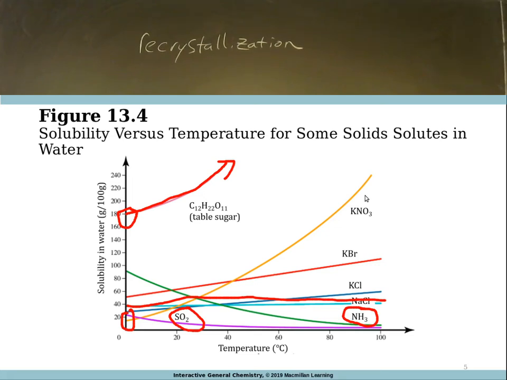And when you cool it down, the solubility of everything is going to drop, but you've chosen your solvent carefully so that all of your impurities will still remain in solution. Their solubility, even at the low temperature, is high enough that they remain in solution, but your desired product will, at low temperatures, have a solubility low enough that it will recrystallize. That is, it'll come out of solution and form crystals.